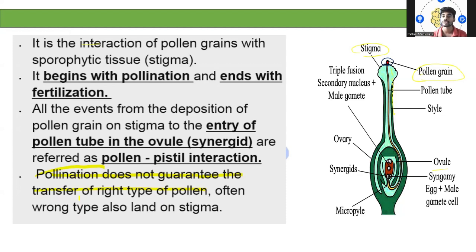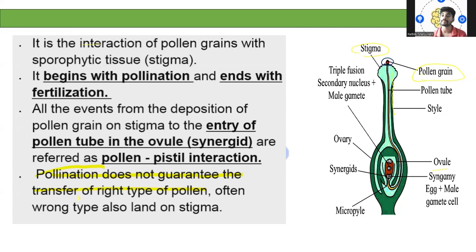Say there is some other species, like lily or jasmine, which also produce pollen grains. If these pollen grains come and sit on the hibiscus stigma, does pollination occur?